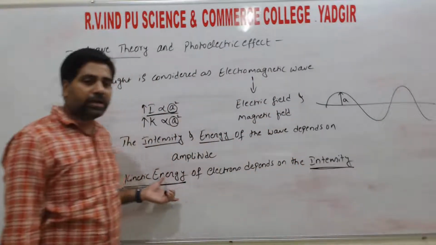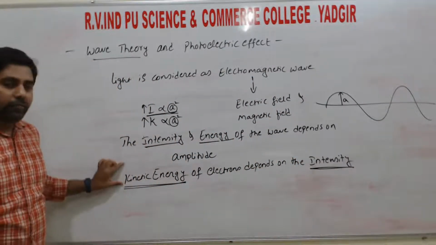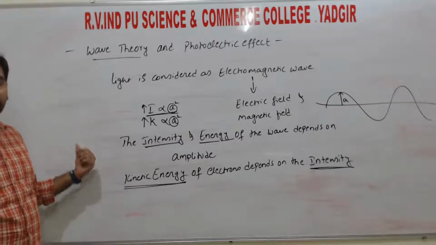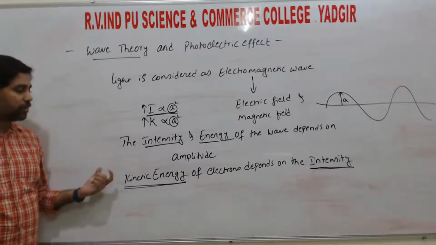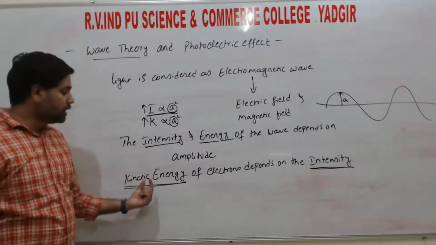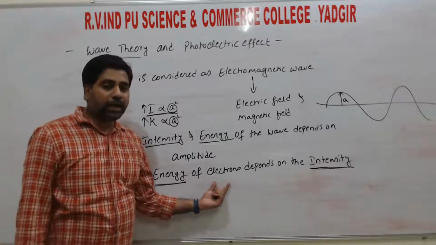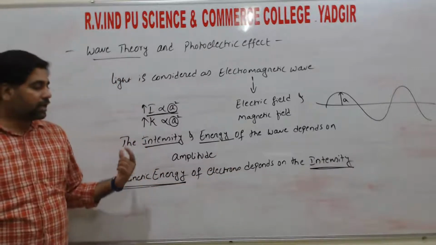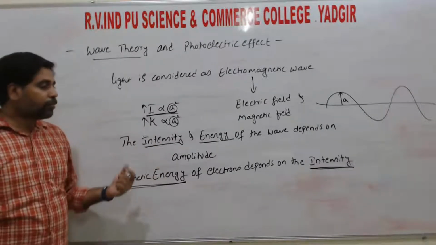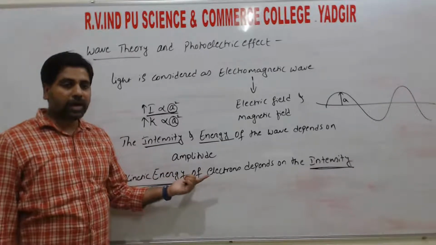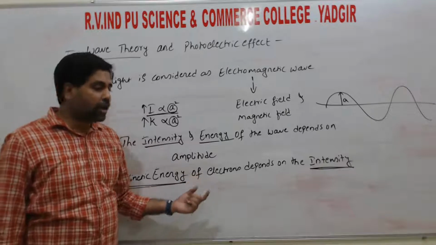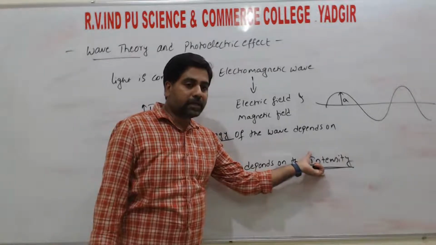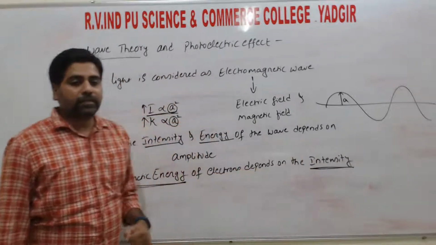But this statement contradicts what we studied in the experimental observation. In the experimental observation, the kinetic energy of the photoelectrons emitted from the photosensitive material depends on the frequency, right? It does not depend on the intensity of the radiation, right?